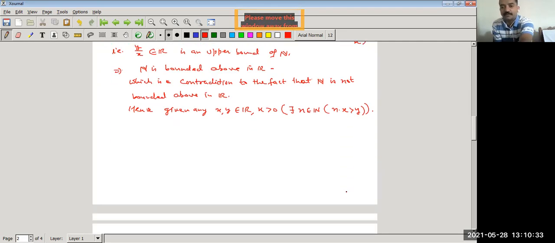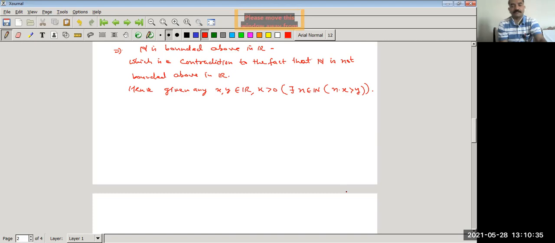This property is very useful when we talk about convergence. Let this be double star.